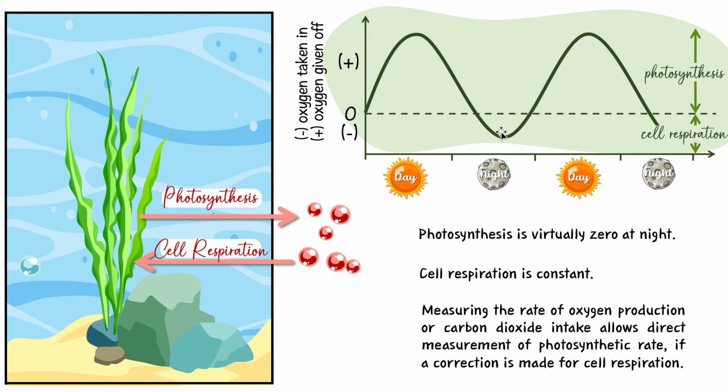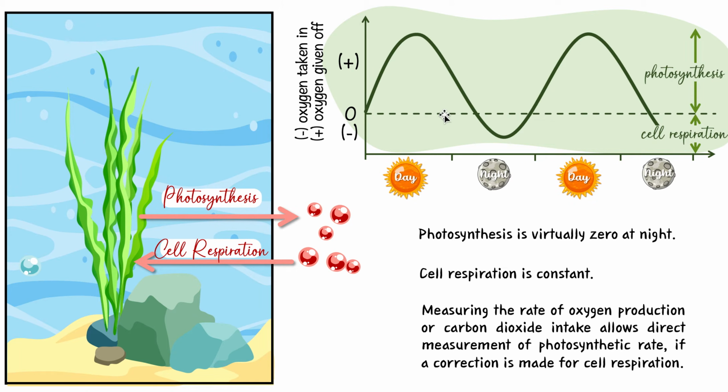We know the amount of cell respiration that a plant does can be calculated right here, because no photosynthesis is happening, which means the amount of oxygen used here is purely due to cell respiration. So we can take this amount here, because we know this is the amount of oxygen taken away by cell respiration. And we know at this time, it's going to do the same amount. We can't see it because photosynthesis is also happening.